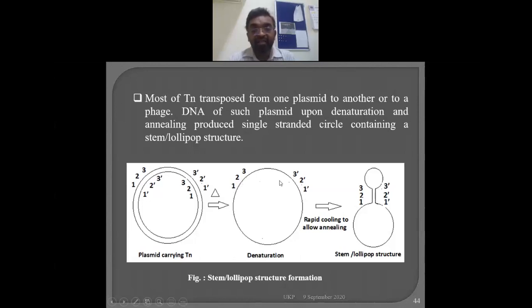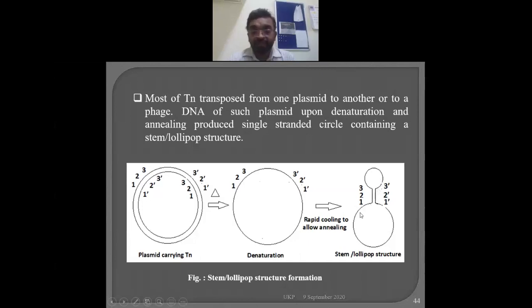Automatically this part and this part are going to get attached. Hydrogen bonds are formed. Suppose here A is there, its complementary T is there, and where G is there, the complementary C is there. In that way this particular region forms the bonding, and here is the remaining plasmid, and here is the antibiotic resistance gene.